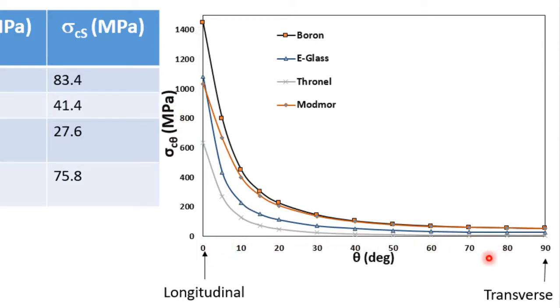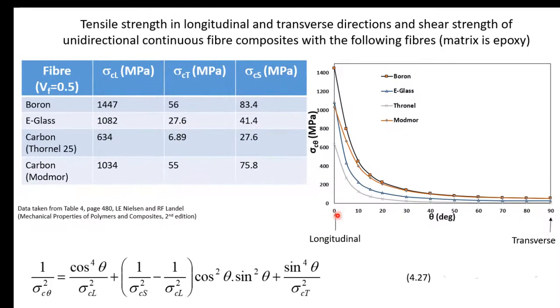At 0 degree theta, this is the longitudinal value, which is this one. This is along the length direction of the fiber. And for theta equal to 90 degree, this is the transverse direction, which should be this value. And all in between, we can find out the value of sigma c theta at any angle.